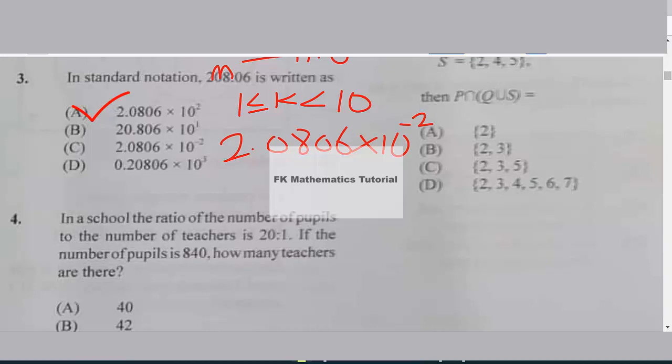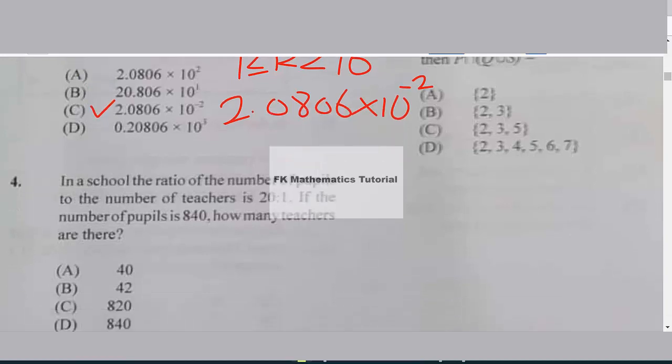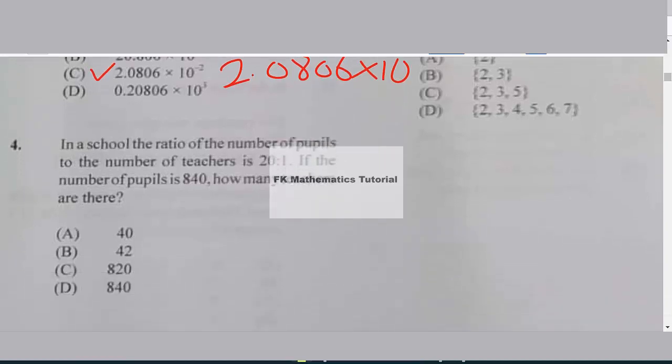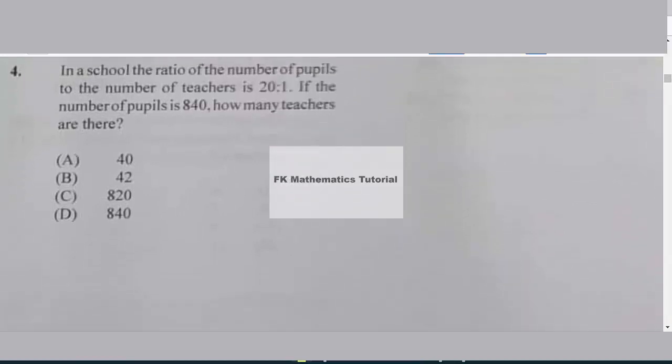In a school, the ratio of the number of pupils to the number of teachers is 20:1. If the number of pupils is 840, how many teachers are there? So pupils is to teachers is equal to 20 is to 1.